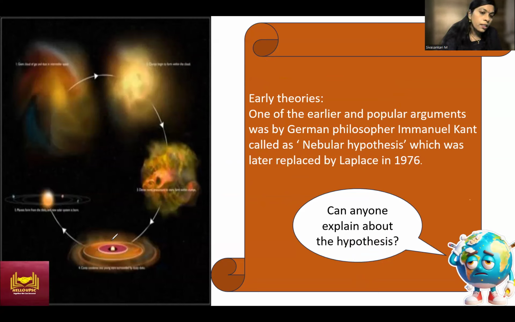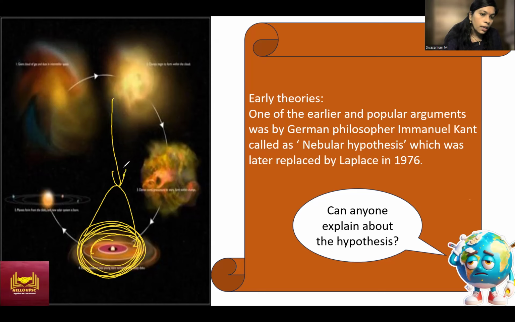When it came near the sun, the material, we can say the cloud covering and circulating the sun, got extended like this. And when the star moved away, this extended material got separated from the sun and became a separate cloud. This separate cloud revolves around the sun, and later it condenses into various planets.